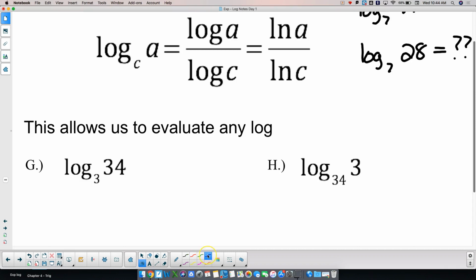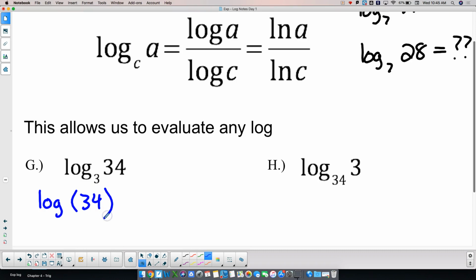When you're typing it in on your calculator, depending on the type of calculator you have, most of you have this kind of a calculator. On the TI-30s, when you hit log or natural log, it looks like that. I want to do log of my A, so that's log of 34.